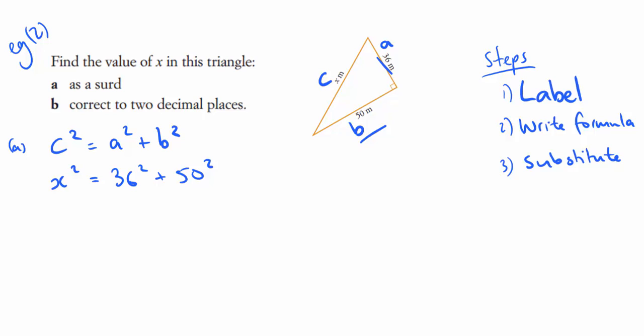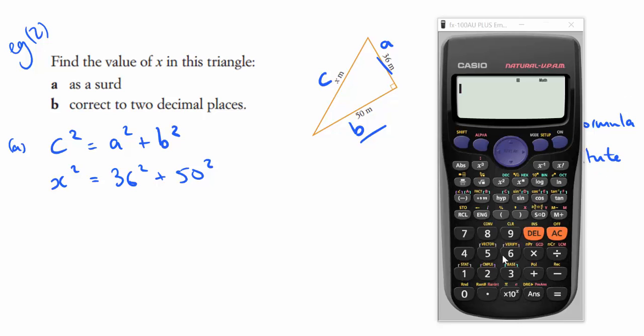Now you need to get your calculator out. So here's my calculator. What I'm going to do, I'm going to do 36 squared plus 50 squared. So 36 squared plus 50 squared and equals 3,796.